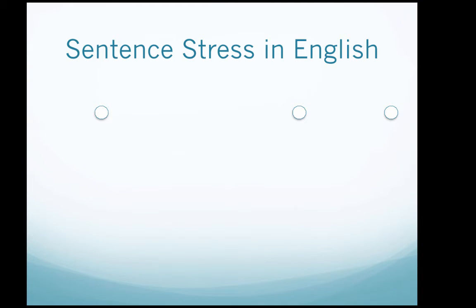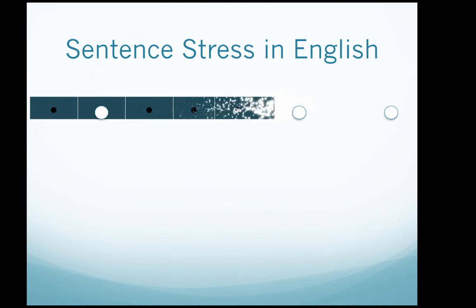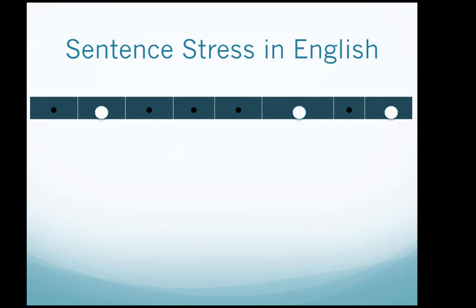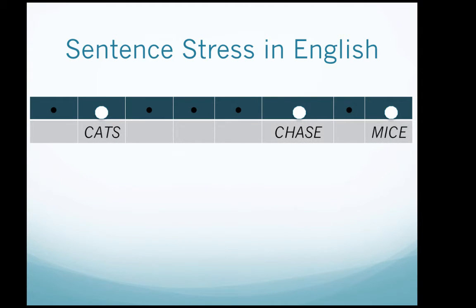Let's take a look at these in a more specific sentence. The dots that are white represent full stresses in English. The rest of them represent secondary stress. So in this case, we have three words that are monosyllables and that are content words because they carry the content of the sentence. We say cats chase mice.